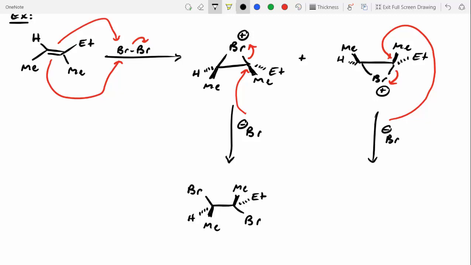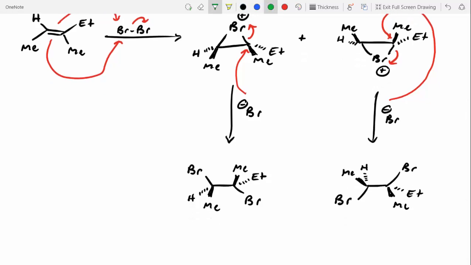And then for this one, we still have anti-addition, but we're going to form the enantiomer of the product, and a hydrogen. So it forms a mixture of enantiomers.